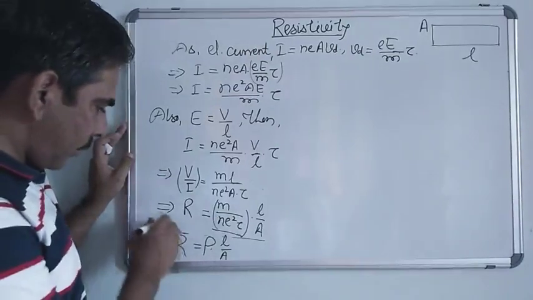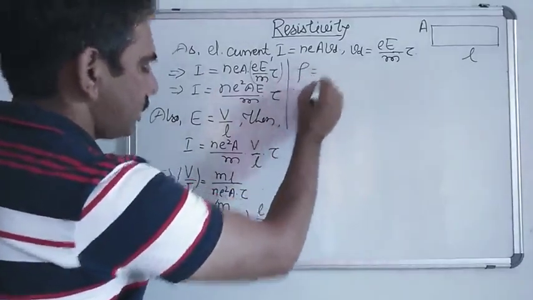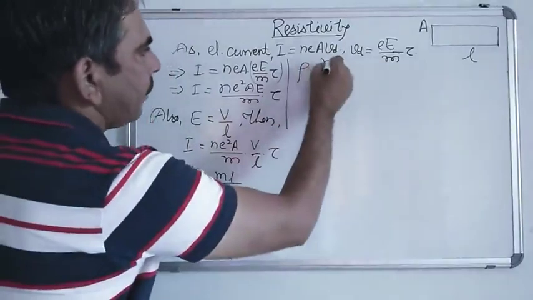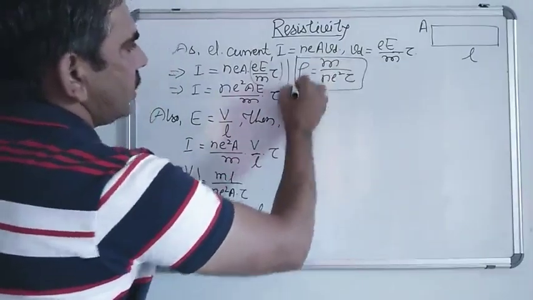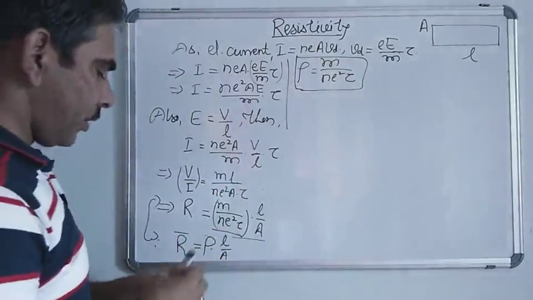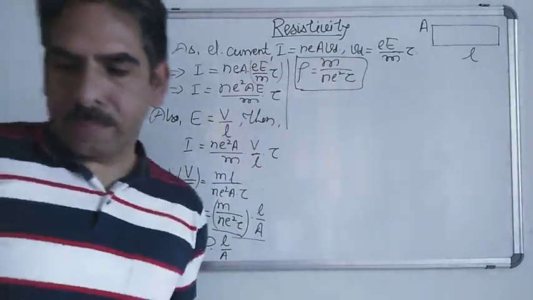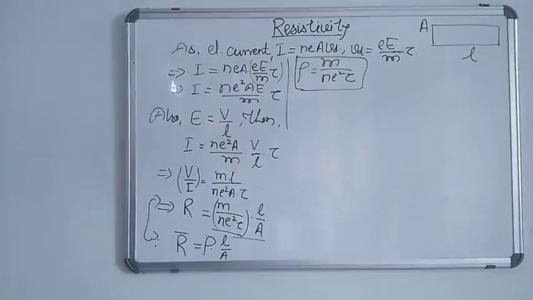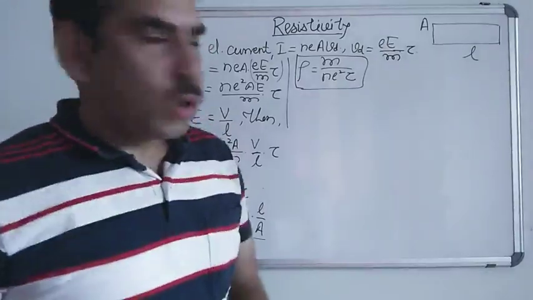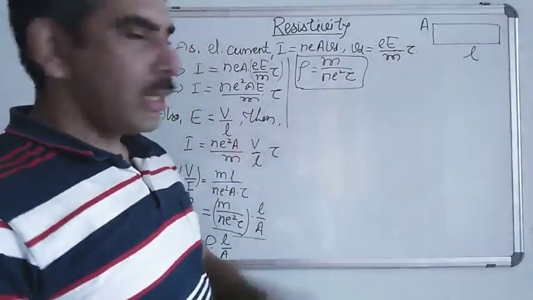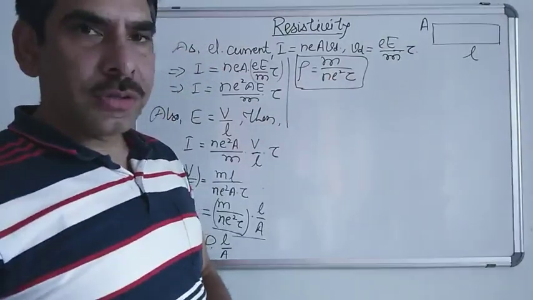Comparing these two equations, we see that the resistivity is nothing but m upon n e square into tau. So this is the expression for the resistivity of any conductor, right? So we see that the expression for resistivity is given by m upon n e square into tau.